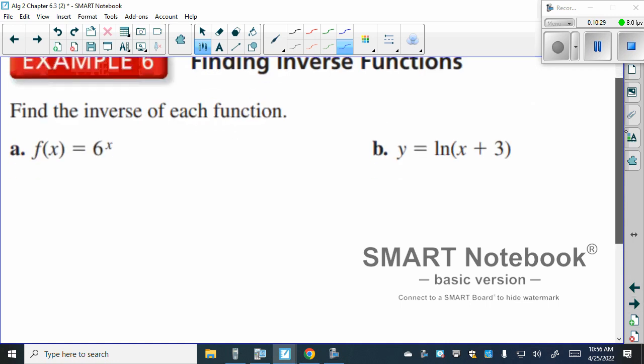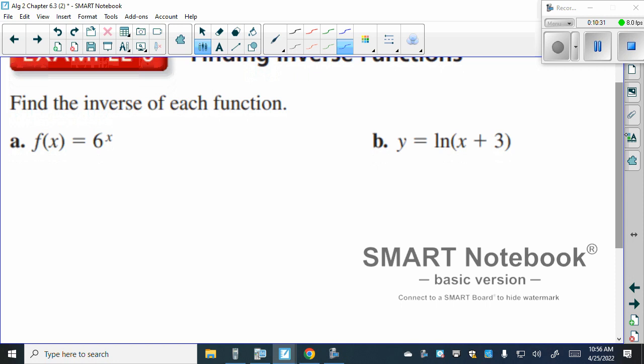Finding the inverse. The exponential and logarithmic functions are inverses of each other. So y equals b to the x, its inverse is x is equal to log base b of y.